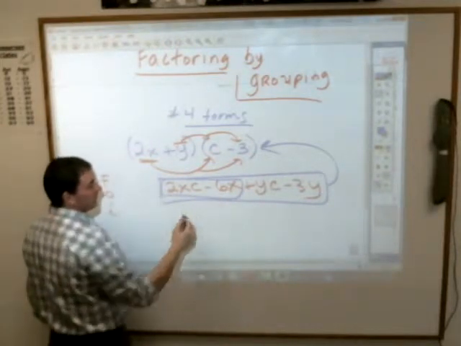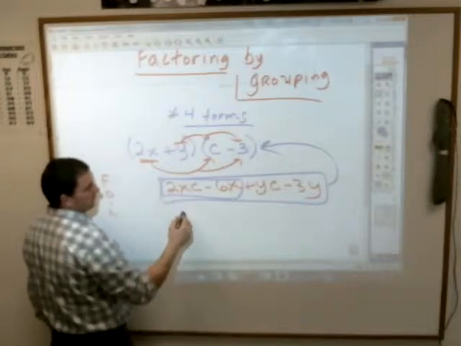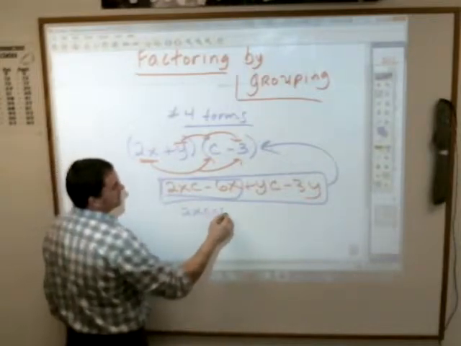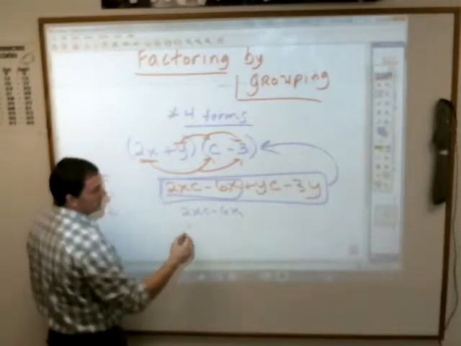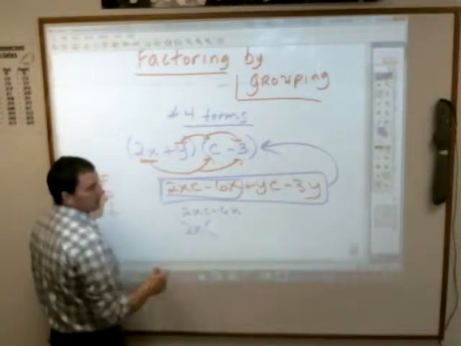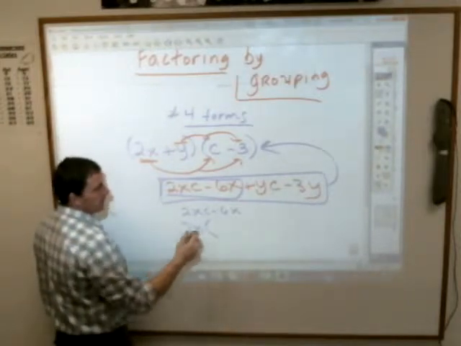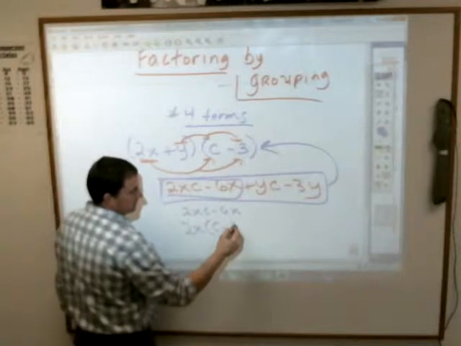So you take the first group of 2, 2xc minus 6x, take out a 2x, what are you left with? c minus 3.